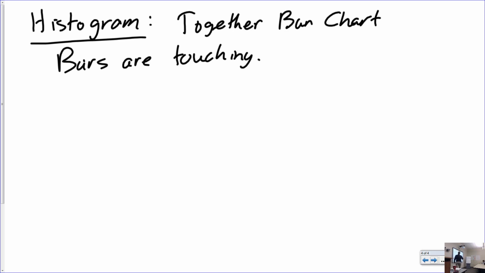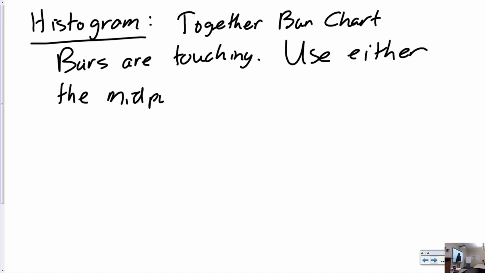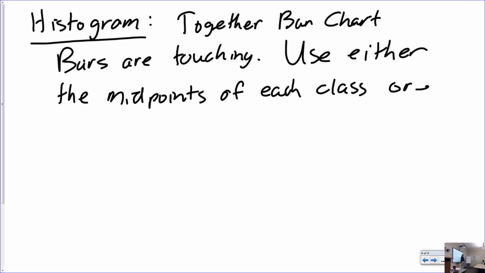So, how it works. You use either the midpoints of each class or, not with an E, just OR, class boundaries.